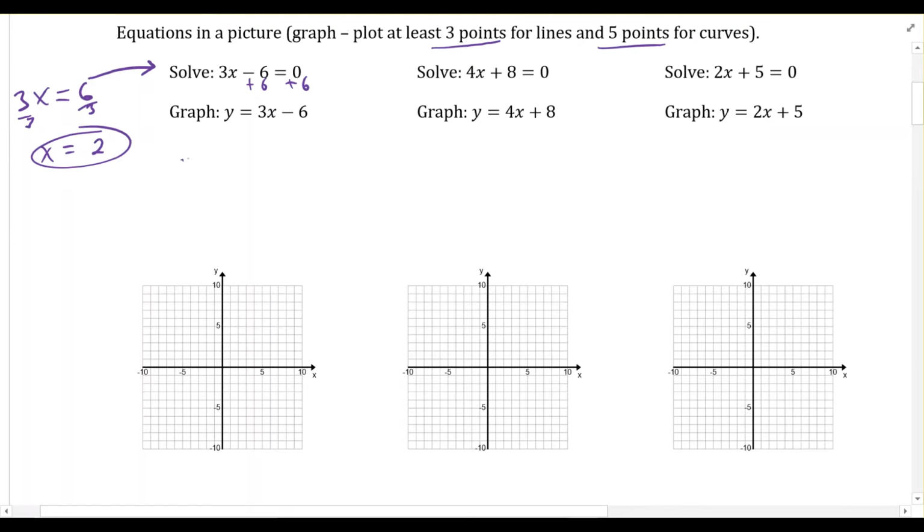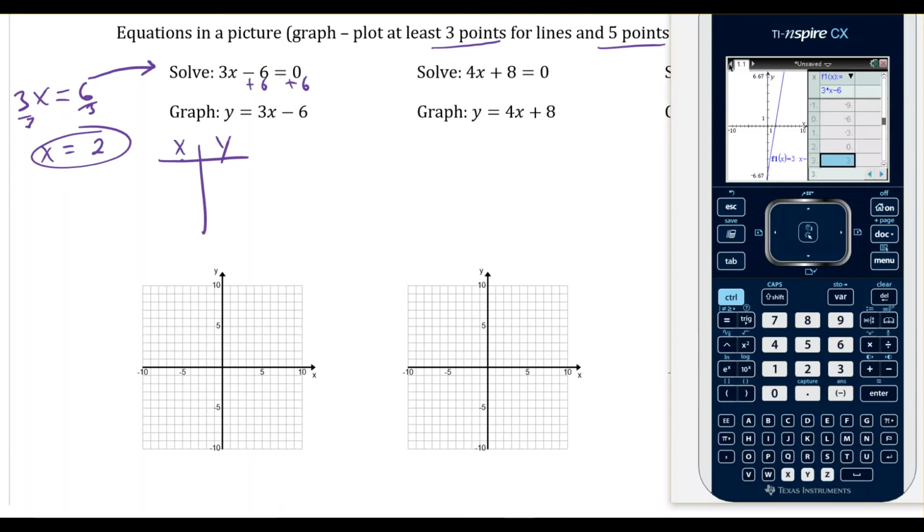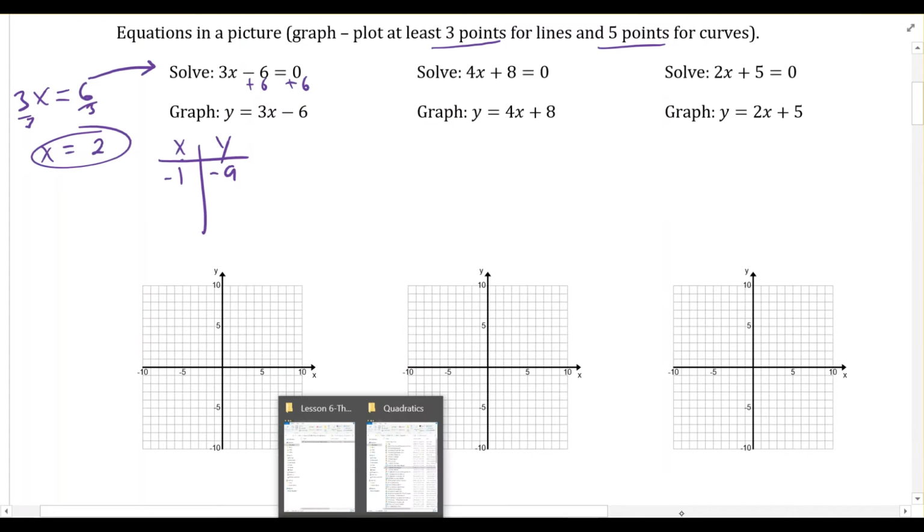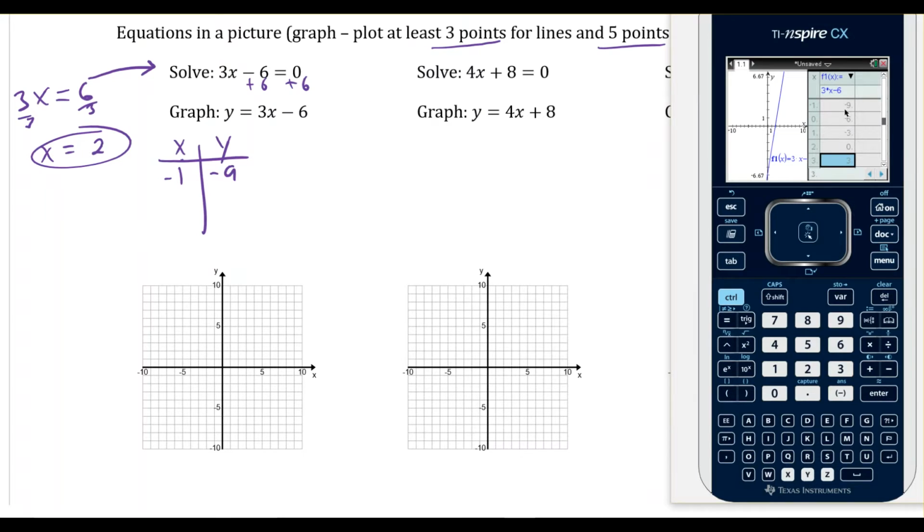But for this first one, I'm going to make a little table so we can keep this straight. When x is -1, y is -9. When x is 0, y is -6.